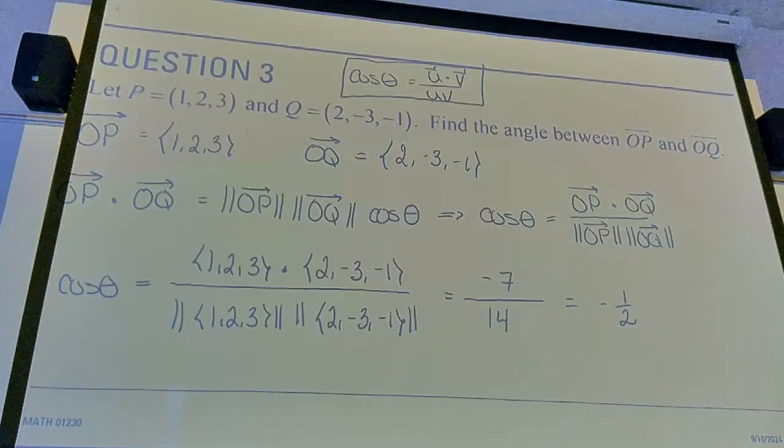Am I actually incorrect? Okay. Cosine of 4 pi over 3, I do agree, it is negative 1/2. Which is what?